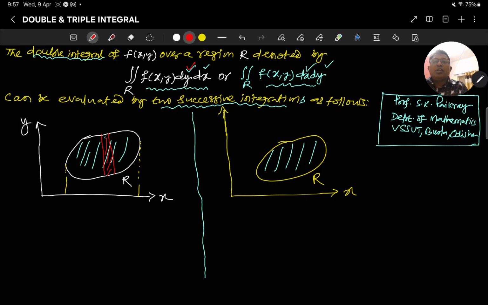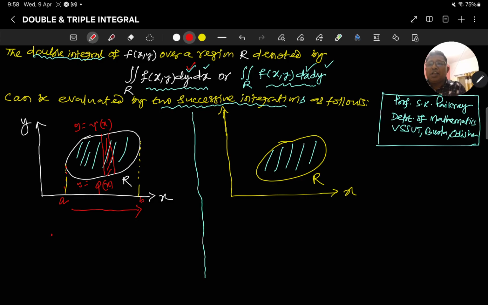This is the lower limit here, you say this is phi of x, and this is psi of x. This is y is equal to phi of x, and this is y is equal to psi of x. Now this vertical strip slides from left to right.